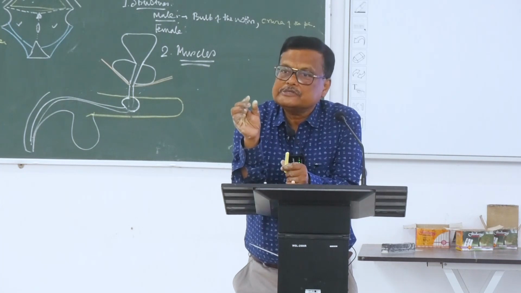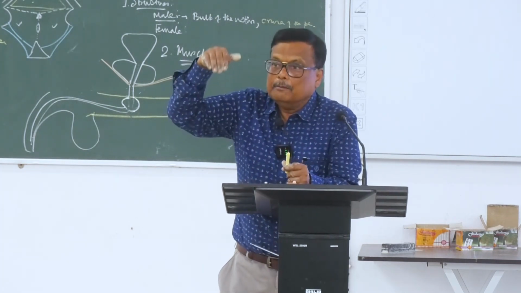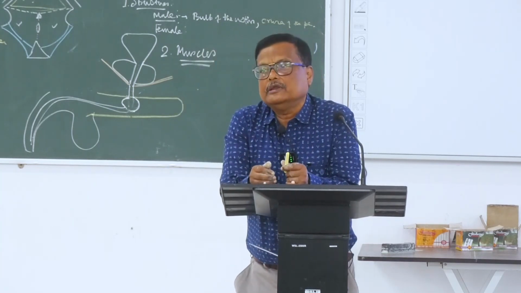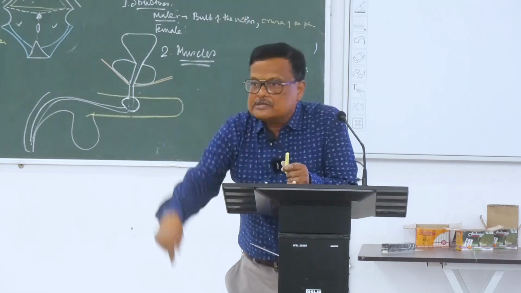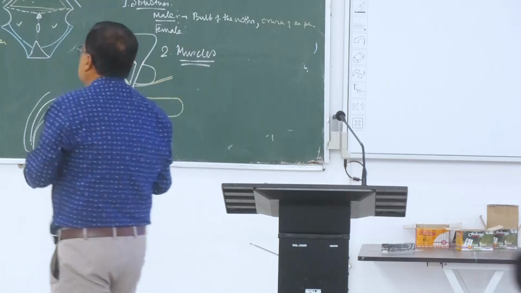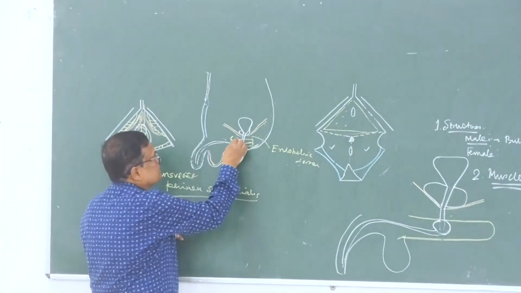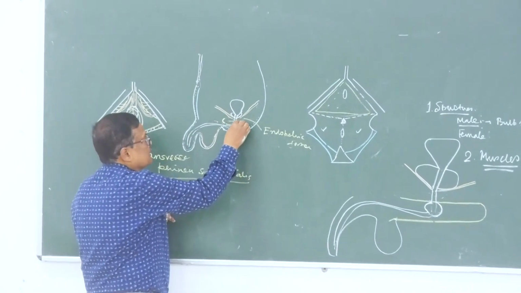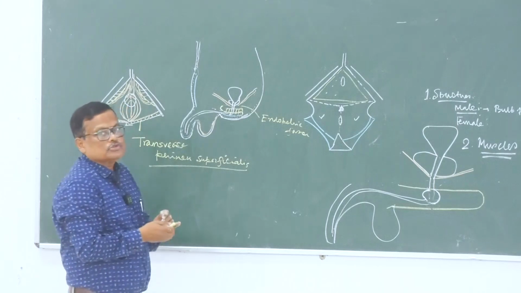Initial part is present in the deep perineal pouch. All these arteries must enter the superficial perineal pouch. To enter the superficial perineal pouch, it must pierce the perineal membrane. এই perineal membrane কে ওকে pierce করতে হবে। এটা pierce করছে, করে enter the superficial perineal pouch.